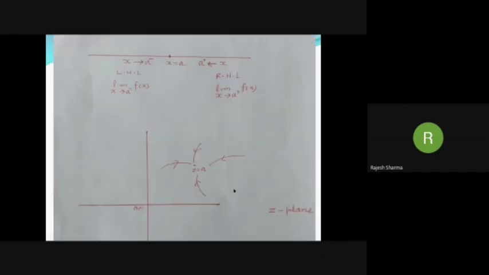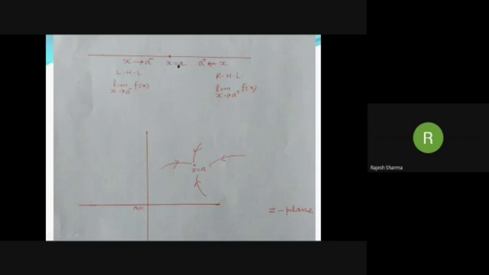The definition of limit is the same in real and complex cases, but there is a basic difference between these two limits, that is, limit in real and complex cases. In case of real, if we have this point x equals A, then x can approach A either from left or from right. When x approaches A from left, x is smaller than A, and we have the left hand limit written as limit x approaches A minus f(x).